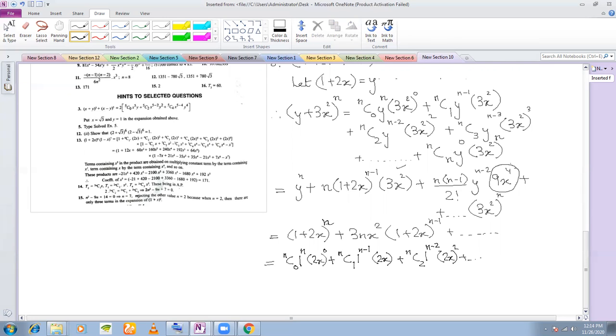I will not write the next term because whatever power I am going to get in the next term will be more than 2, right? And plus 3nx square.